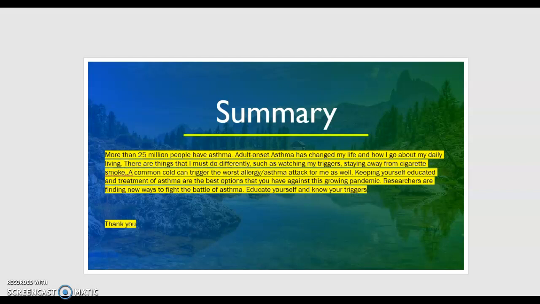So, I try to keep myself up to date with the flu shot, stay well dressed during winter months, and I'm also keeping myself educated on asthma and different treatments out there. And like I stated earlier, seeing your doctor. Because this pandemic is growing, but researchers are finding new ways to fight the battle of asthma. So educate yourself and know your triggers.